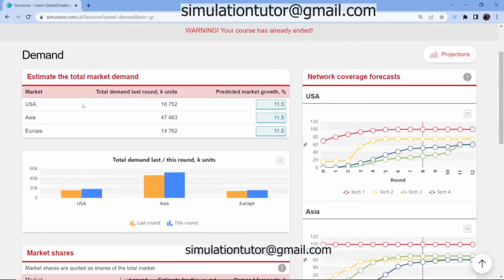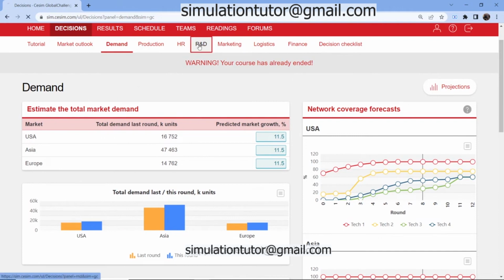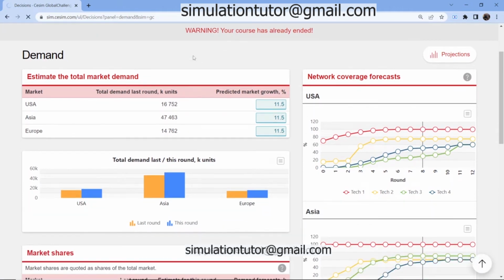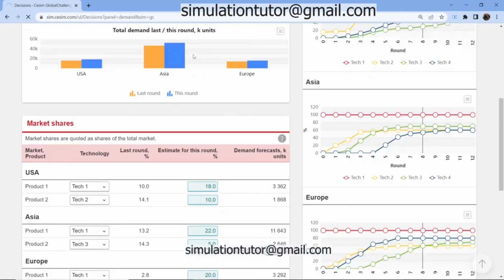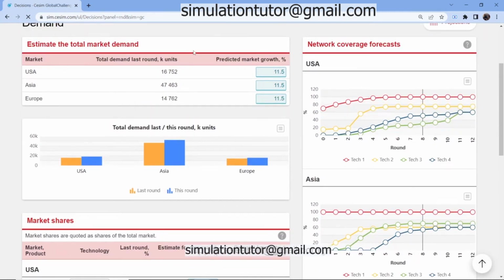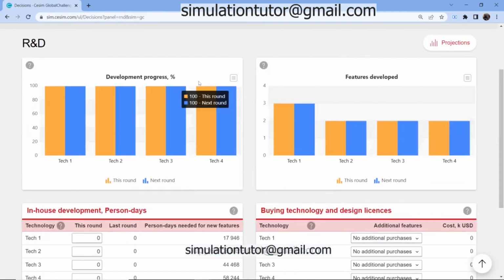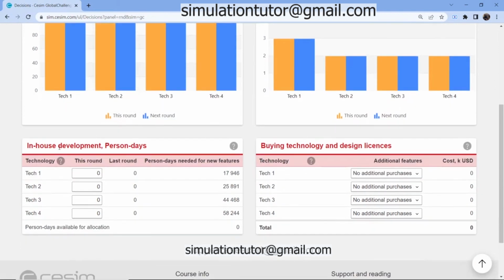So let's check on the R&D. I'll hit on the R&D. Now this is the R&D page. I said that if you want to sell a product, you have to develop it. So we come down here, we have in-house development, then you have buying technology.